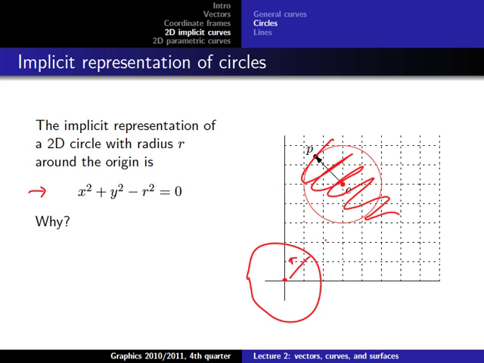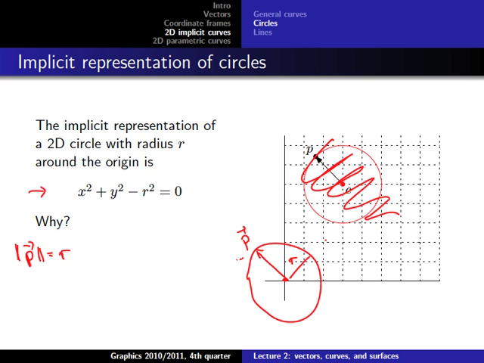And what does it mean that a point is on the circle? It basically means that the length of this vector describing this point is the same as the radius.